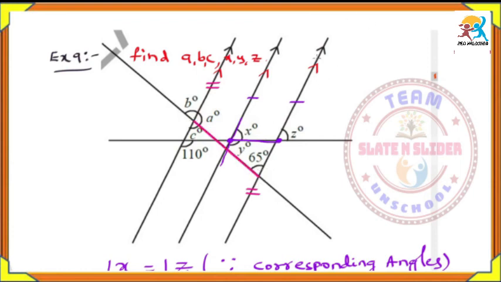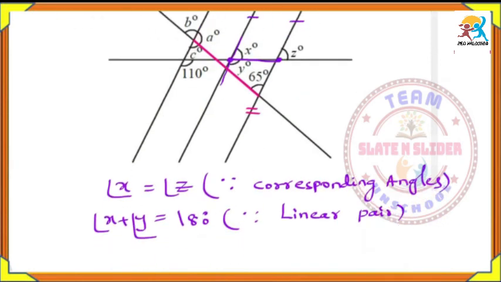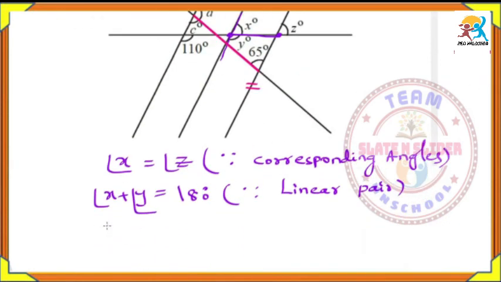This 65 degrees is the angle which is on one side of this transversal, and B is also on the same side of the transversal, and it is in the exterior of the two lines. So, this angle B and this 65, these two angles are called corresponding angles. So, we can write angle B is equal to 65 degrees since corresponding angles.